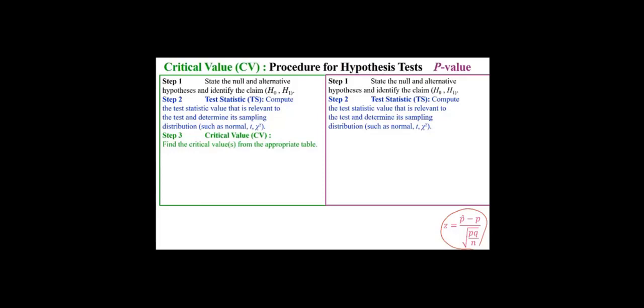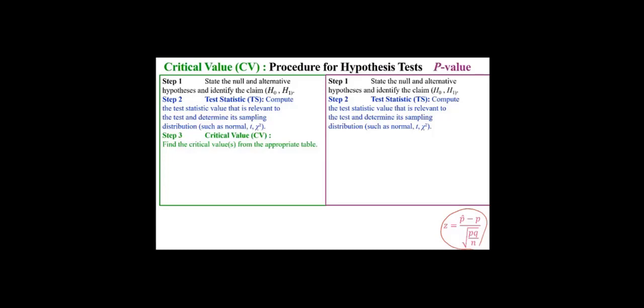In the case of step 3, the critical value is compared to the test statistic. And if the test statistic is to the right of the critical value, assuming it's a right-tailed test, or to the left of it, assuming it's a left-tailed test, then we reject H0, and then we start writing the rest.